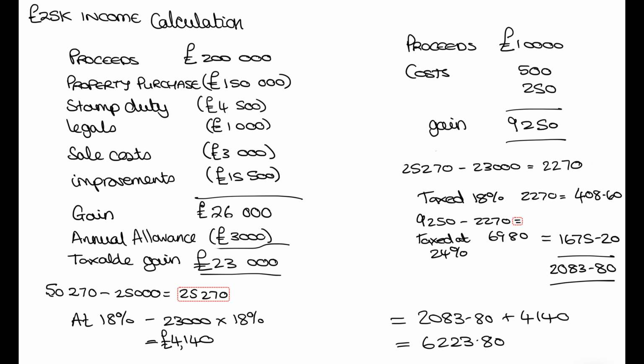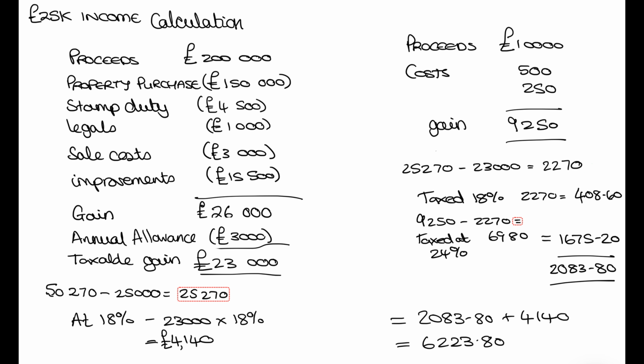Our taxable gain at this point is going to be at 18% because we are basic rate banded. So we have 23,000 at 18%, which equals 4,140.